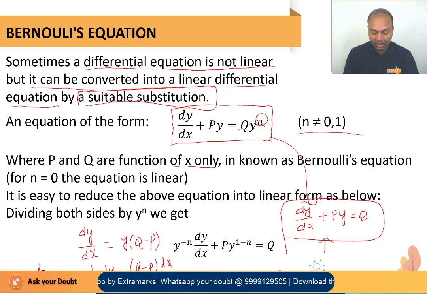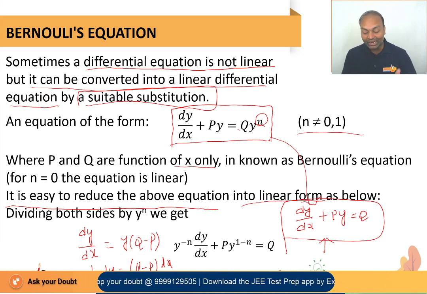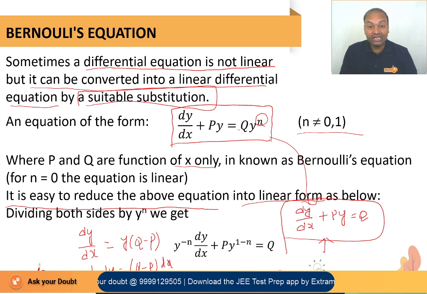Right. It is easy to reduce the above differential equation into linear form. Suppose, as we discussed now, n is not equal to 0 comma 1. Then it is easy to reduce this equation into linear form. How to reduce it in this format? The procedure is dividing both sides by y power n.